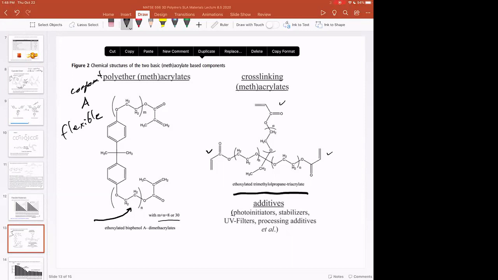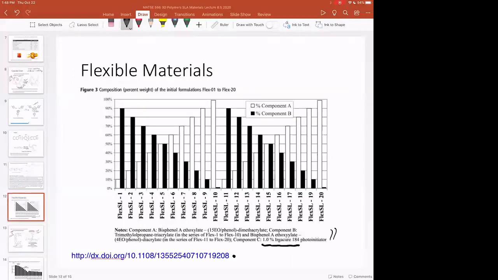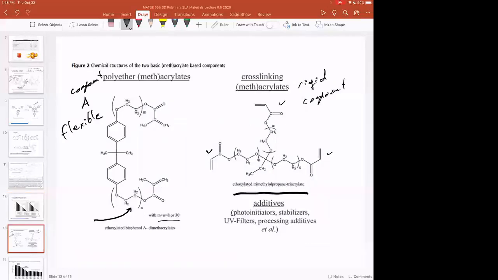So this is the rigid component. I think that's how this is formulated. Yeah. So by just mixing flexible components and rigid components, so these are methacrylates.